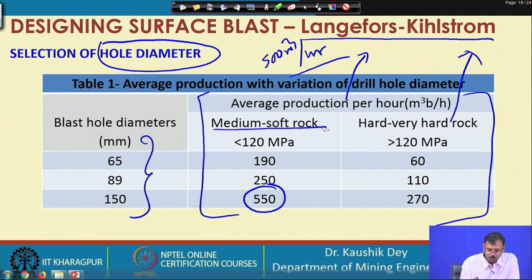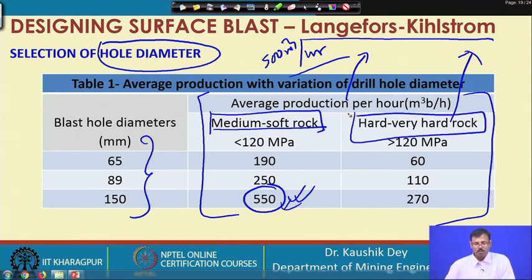If it is medium to soft rock, then it is coming here. If it is hard rock, then it will go from small dia to the large dia one. So, the diameter will depend on this production factor and on the strength of the rock also.